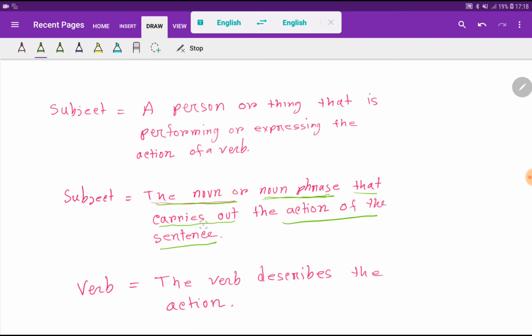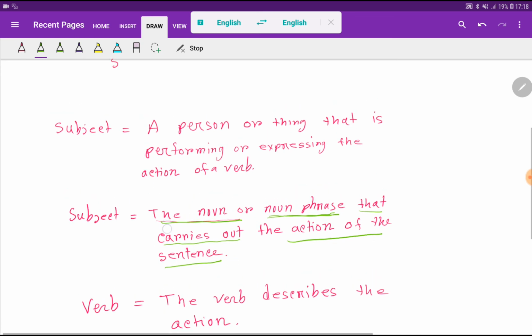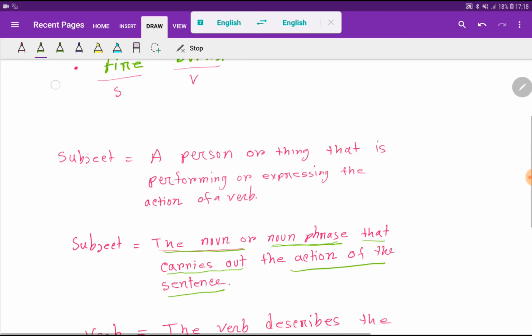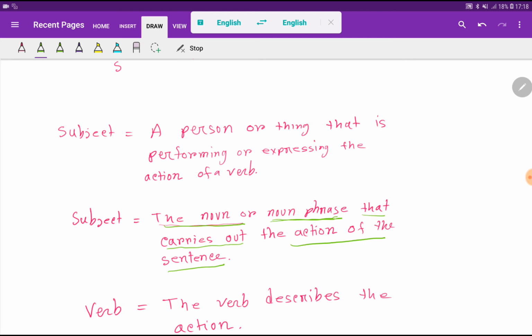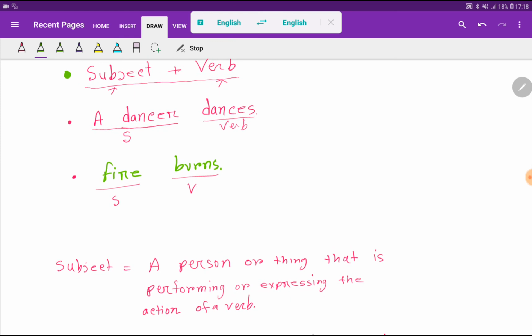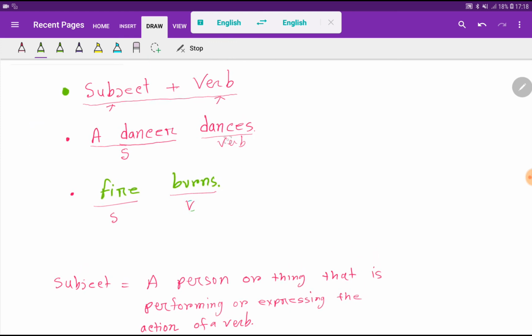Look, here the verb expresses action, so dances is the action, right? This is the verb. Who dances? A dancer. So the noun or noun phrase that carries out the action of the sentence, that is the subject. What is a verb? Verb describes the action. Look, here the actions are burns and dances.